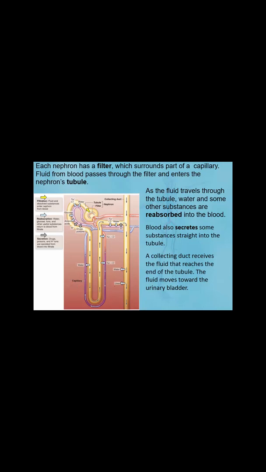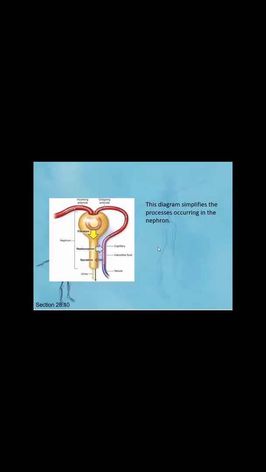And you'll get a better feel for that when you watch the animated film, which you can find on YouTube. So this is a simplified diagram. Basically, you have an arteriole coming into this little Bowman's capsule and one going out, and it causes a lot of pressure, which forces out the initial filtrate.